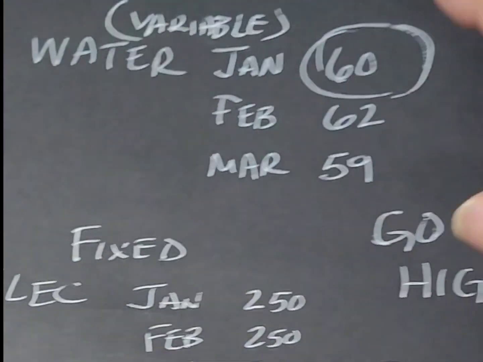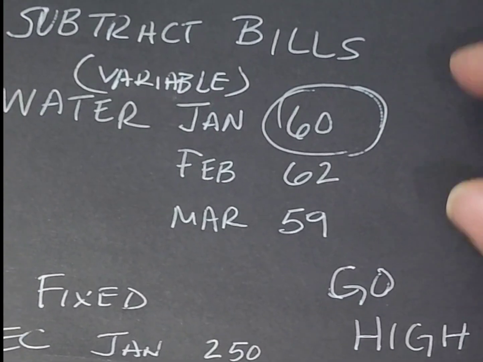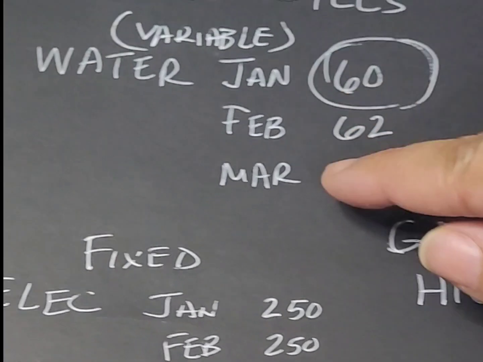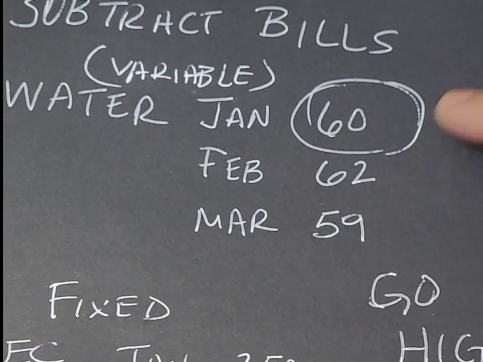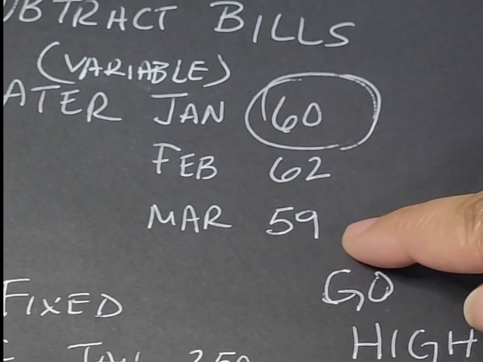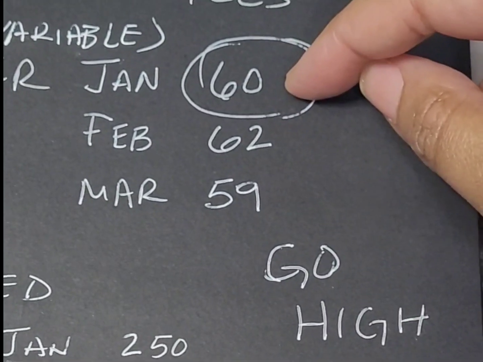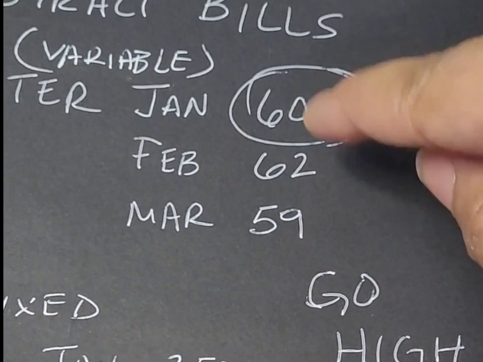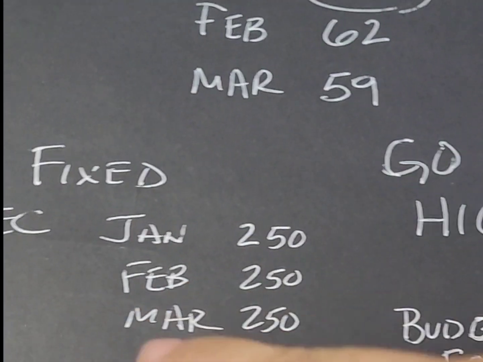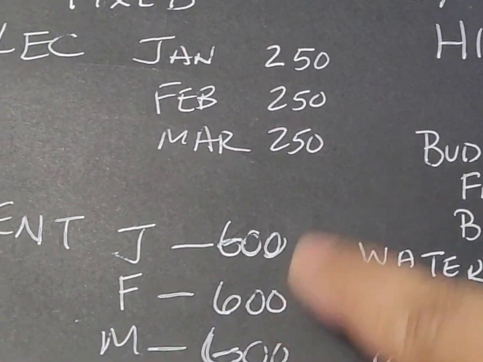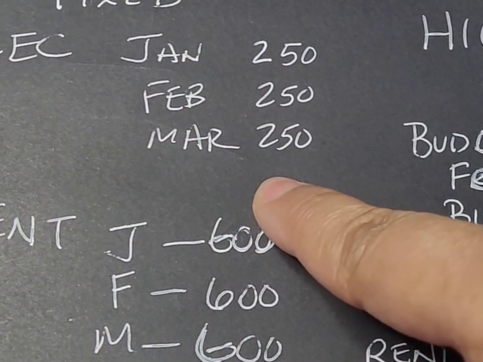And then once you do the $1,200, you take your income and you have to subtract your bills. So for the month of January, say your water bill was these three amounts, $60, $62, $59. When you're choosing a bill amount, you always want to go high, so you always choose the highest one, just in case. And then we also did the electric bill and the rent, which we know do not fluctuate. They usually stay the same.